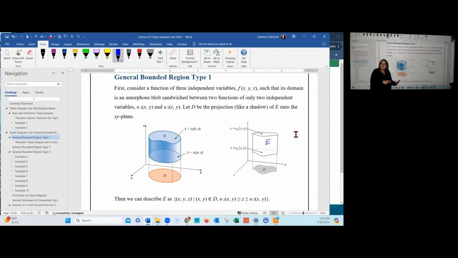So they define z as a function of x and y. So our definition of E is the set of all ordered pairs x, y that are in the shadow cast by this solid, and z between the function of x, y on the bottom and the function of x and y on the top. And we often call those u1 of x and y and u2 of x and y.